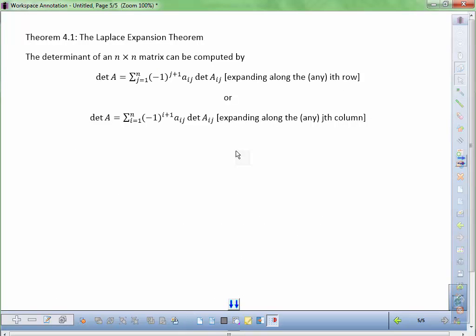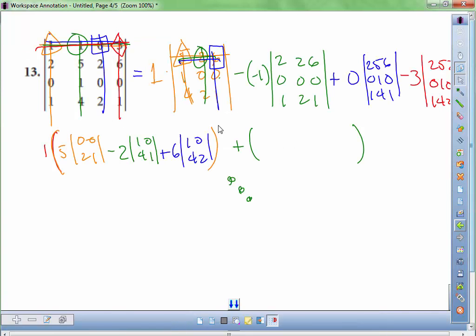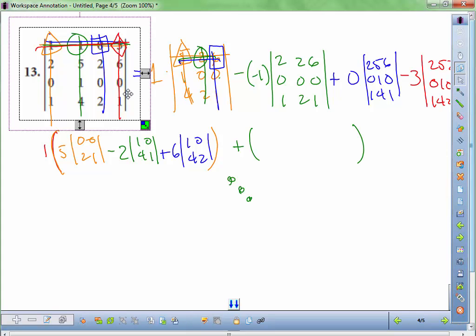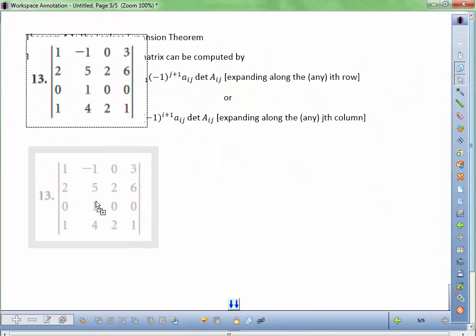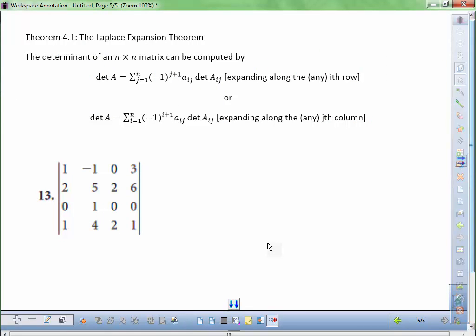Use it using the matrix that we were just looking at earlier. So if we take a look at our previous example, the Laplace expansion theorem tells us that we can basically expand on any row or any column.